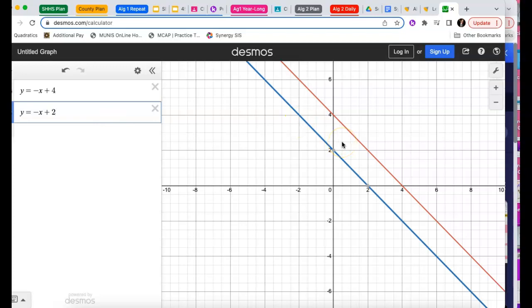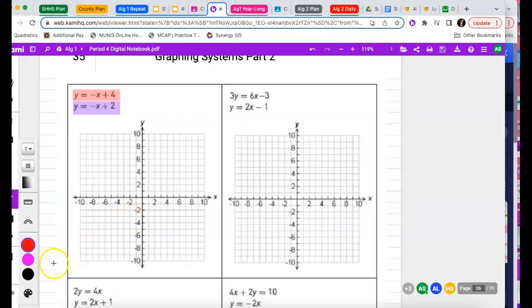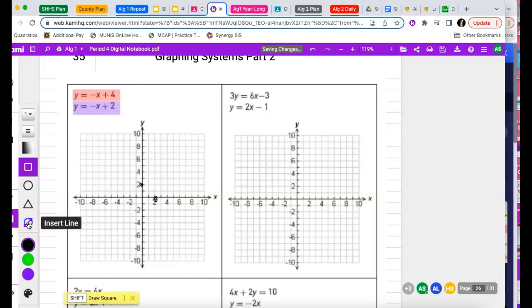Alright, here are my two graphs. So my first line has a y-intercept at 2 and an x-intercept at 2. So I can go ahead and do that, draw my line. There's my first line.